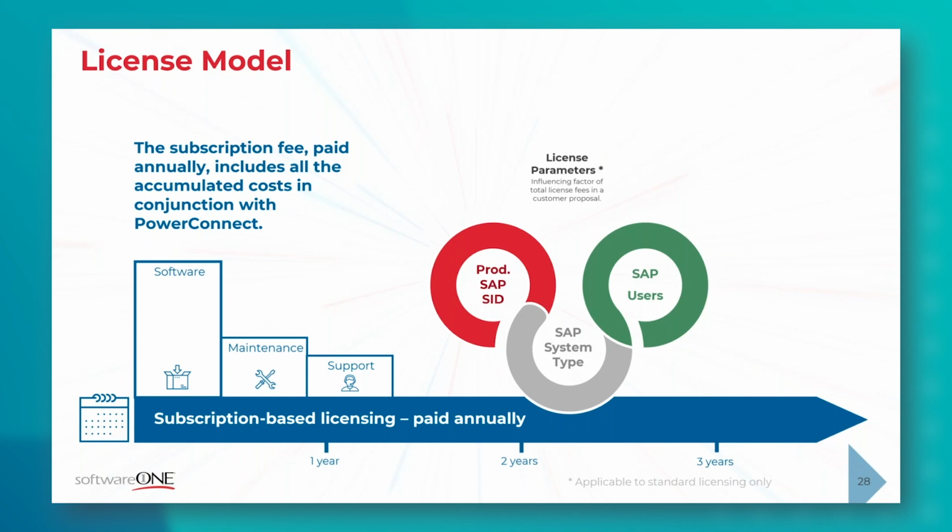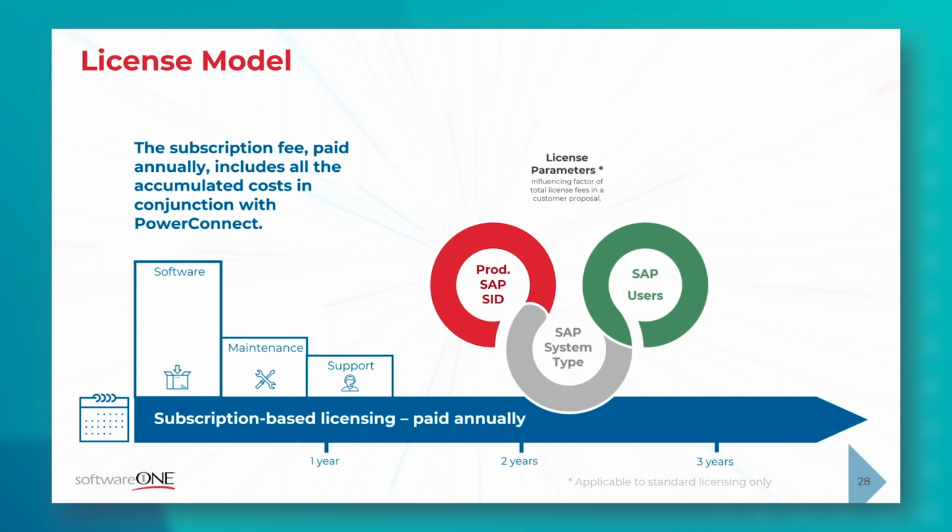What we have is a subscription-based license, paid annually, that includes software, maintenance, and support. So just one price paid every year with a pre-commit of 1 year, 2 years, or 3 years.